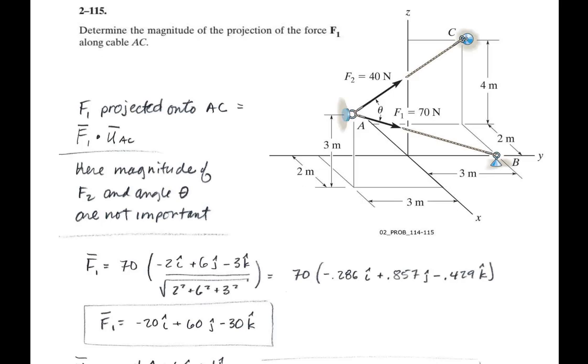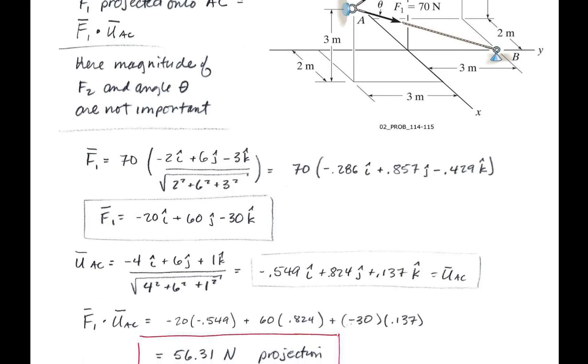Okay, here is the solution. What we're looking for again is the projection of this force onto that line. Here's the vector description of F1. I've got my distances, the magnitude under there, and the vector description. I've got the unit vector of this: I look at the distances, find the magnitude, and divide.